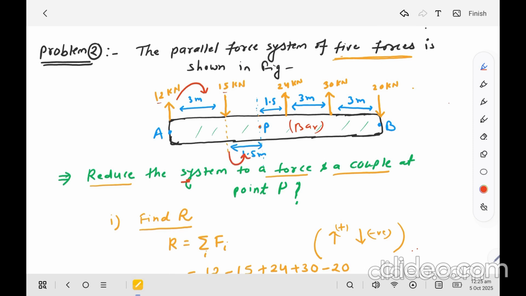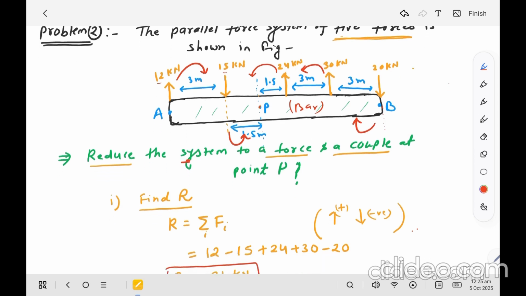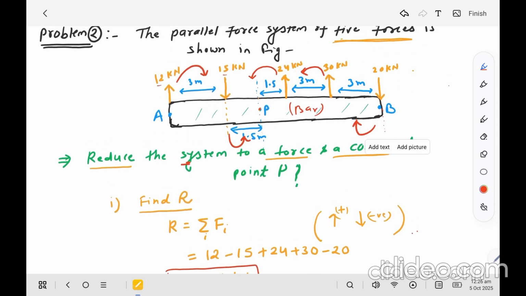Okay, so this is anti-clockwise. This force has tendency to rotate the body in this direction about point P, and this force has tendency to rotate the body in this direction about point P.